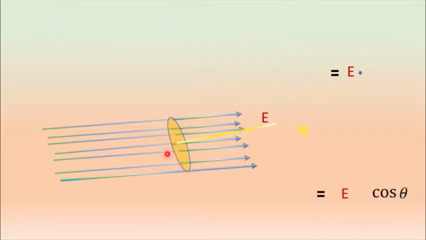The surface makes an angle theta to the electric field. So, d phi can be written as d phi is equal to E dot ds, or d phi is equal to E ds cos theta.